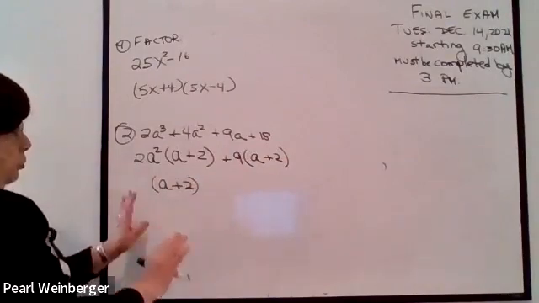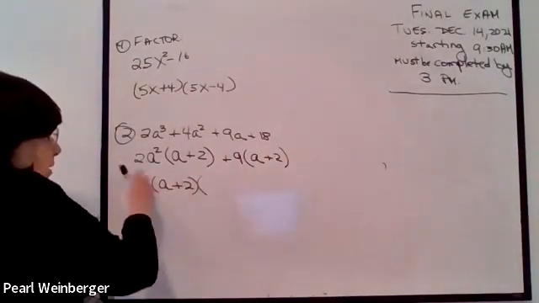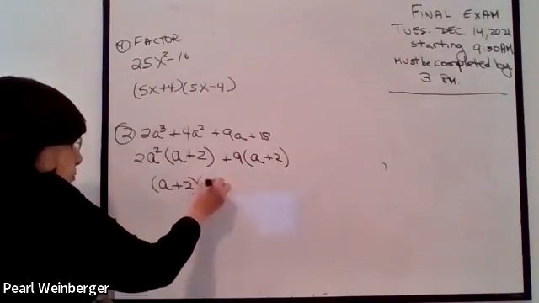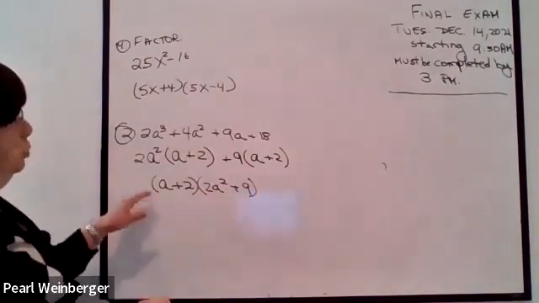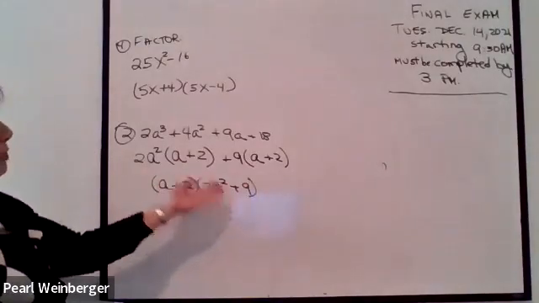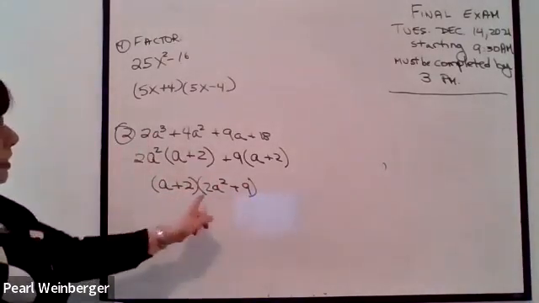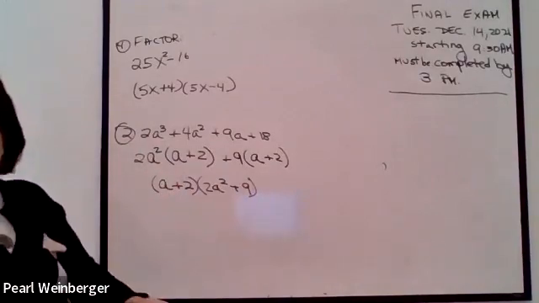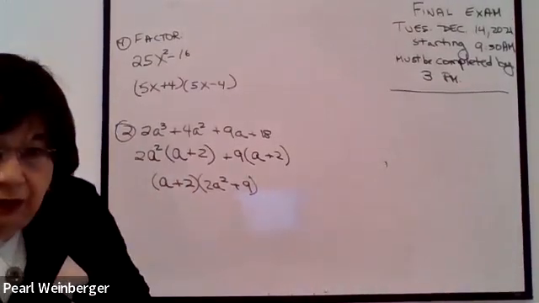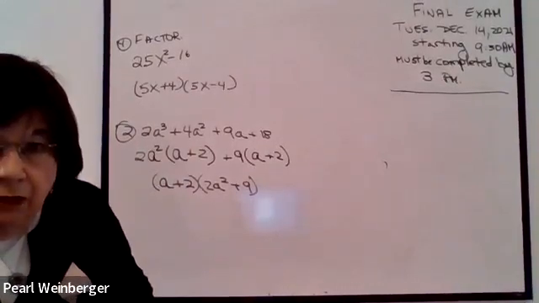We put the a plus 2 in front. And in the second parenthesis, we put the 2a squared plus 9. Again, it doesn't matter which parenthesis goes first and which goes second. If you wrote 2a squared plus 9 first and a plus 2 second, that would be perfectly correct as well.